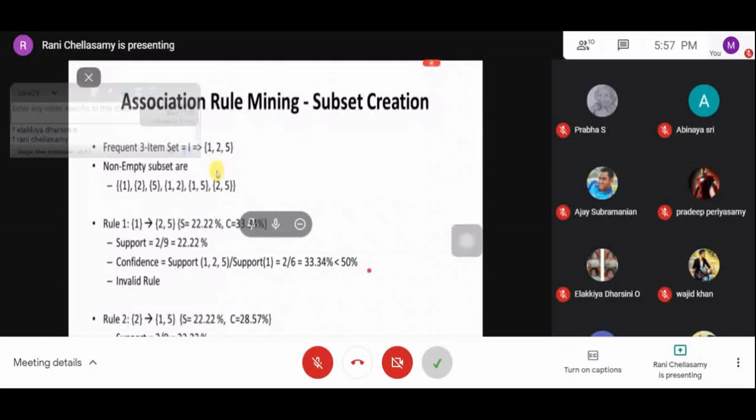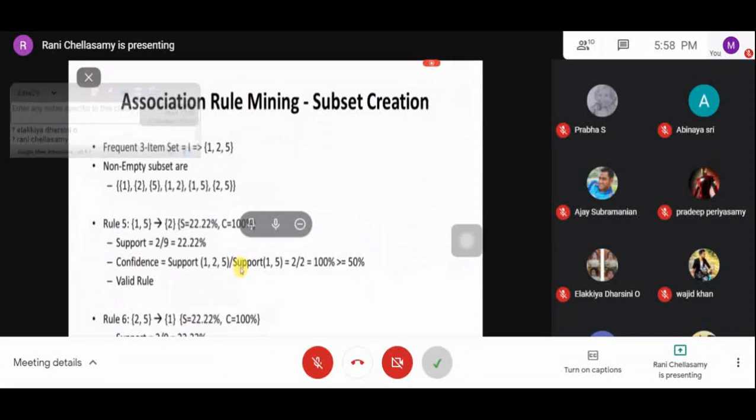Rule 2 is also invalid because 28 is less than 50%. Rule 3 and rule 4 are valid rules because they are greater than the minimum confidence threshold. Rule 5 and rule 6 are also valid because they are greater than the minimum confidence threshold value.